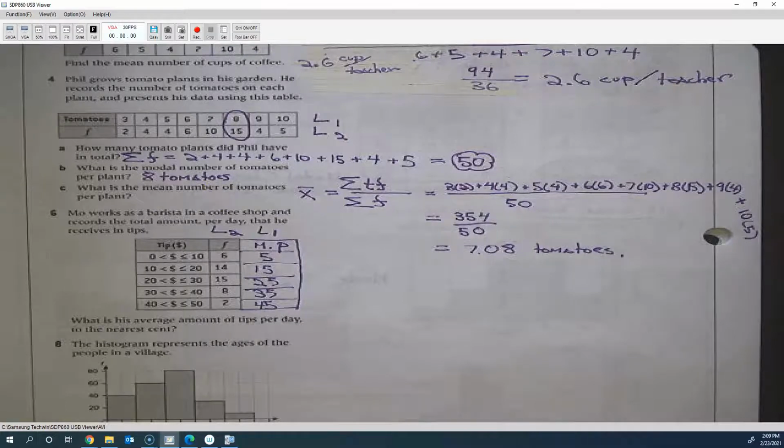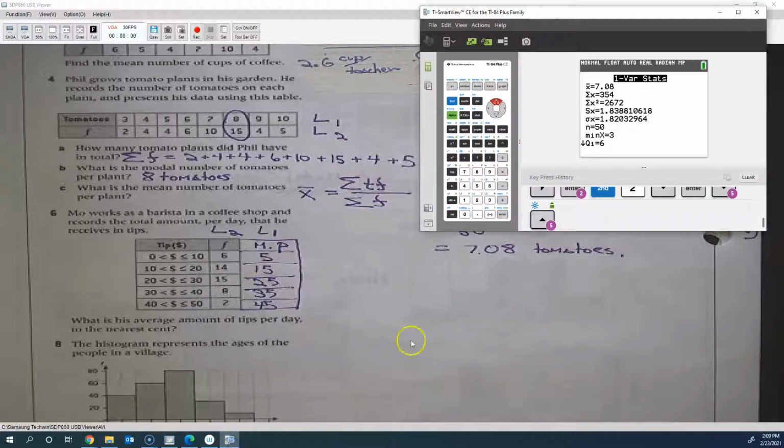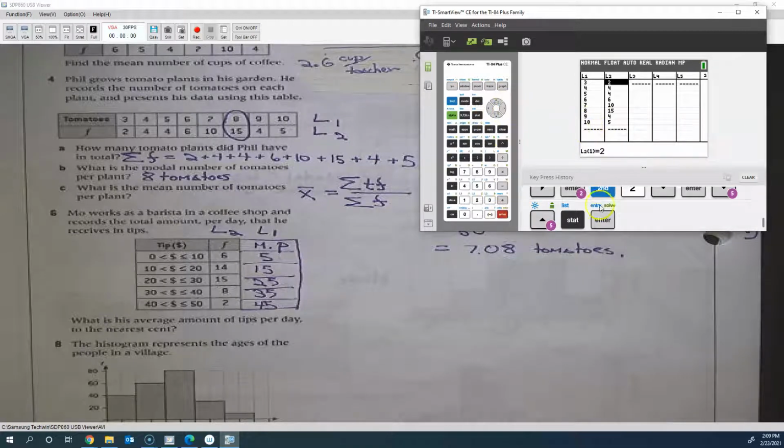So on my calculator, this becomes pretty easy to do. Stat, edit. Okay, I'm going to clear this list. So I highlight the number and then I just hit clear. Then I'm going to highlight the other one.